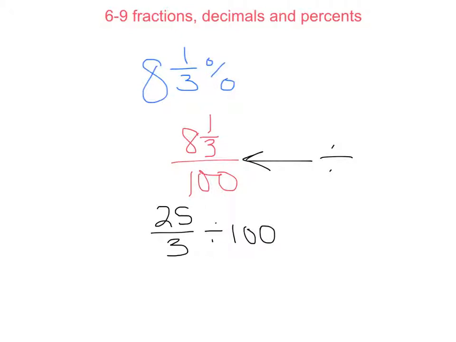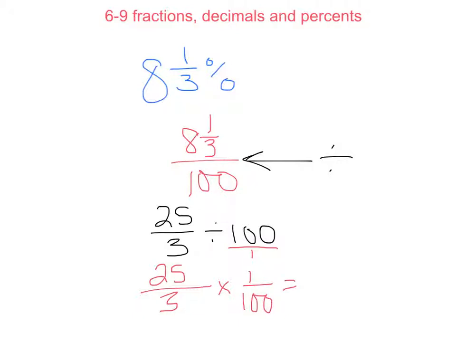Then we multiply by the reciprocal. This is where we use the method keep, change, flip. Anytime you are dividing fractions, you keep the first one, you change the sign, and then you flip the second fraction. This fraction right now is written 100 over 1, but we are going to flip it and make it 1 over 100.